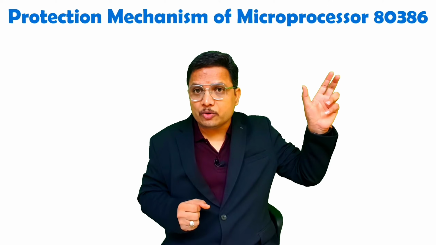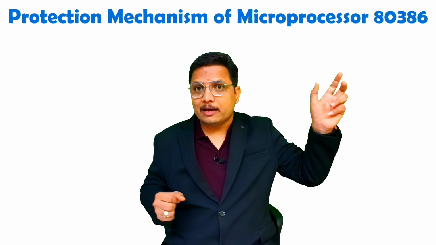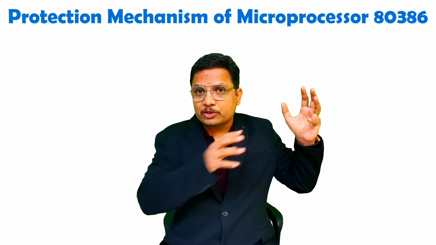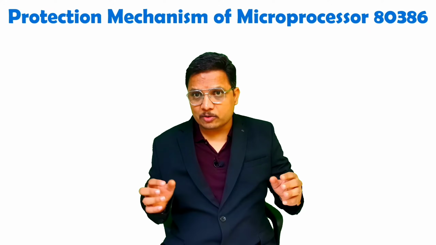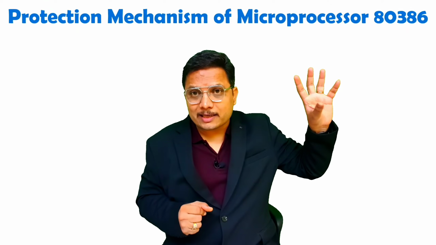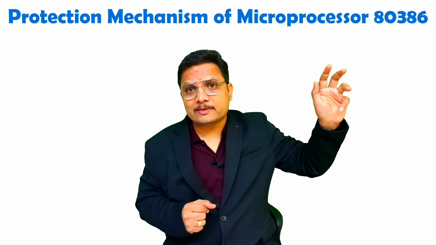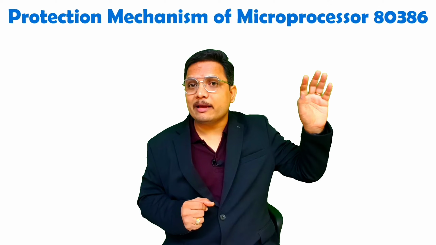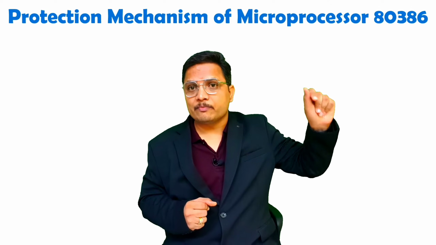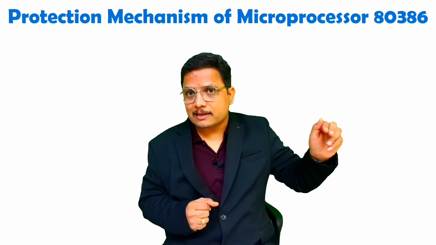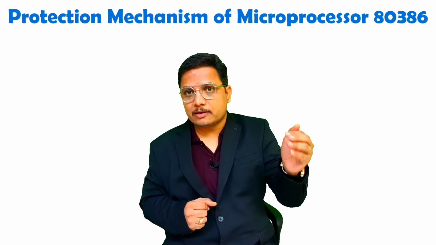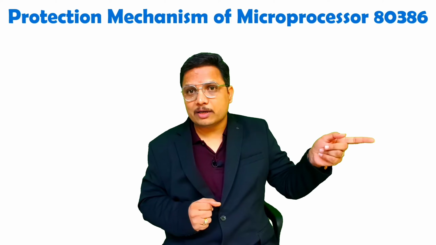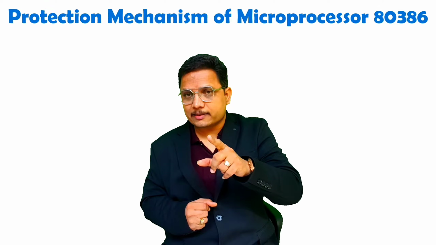When a user is accessing memory, there are two stages happening inside 80386. The user is asking for access to memory pointed to by a virtual address, and that address is given to segmentation. Segmentation converts the virtual address into a linear address.